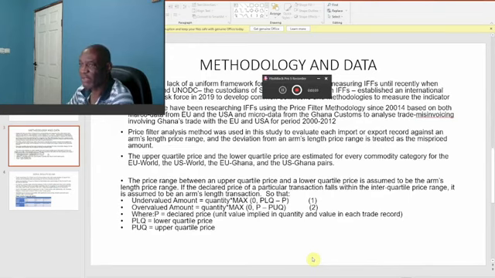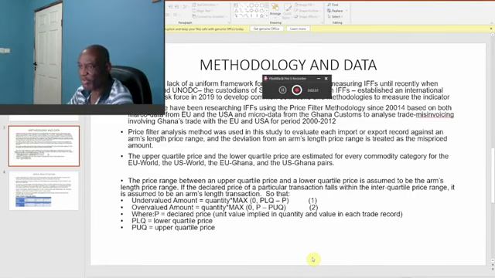Price filter analysis was used to study and evaluate each import and export record against an arm's length price range in our trade with the European Union and the US for the period 2000 to 2012. The upper quintile price and the lower quintile prices are estimated for each commodity category for the EU World, US World, the EU Ghana, and the US Ghana pairs.